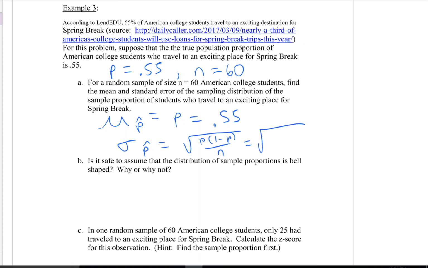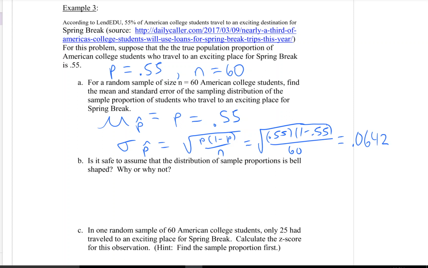So in this case, that's going to be the square root of 0.55 times 1 minus 0.55, divided by the sample size 60. And so this is 0.0642. Let's just remind ourselves that this is a sampling distribution of a sample proportion.